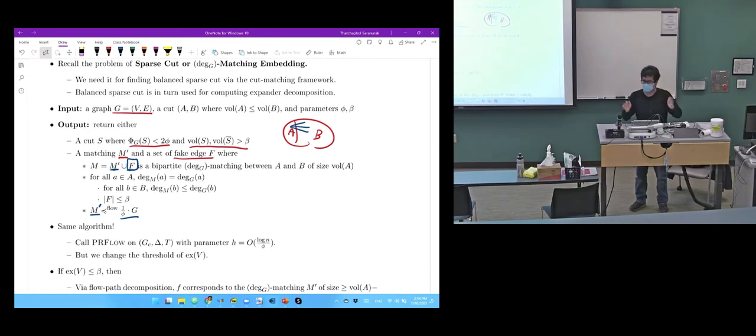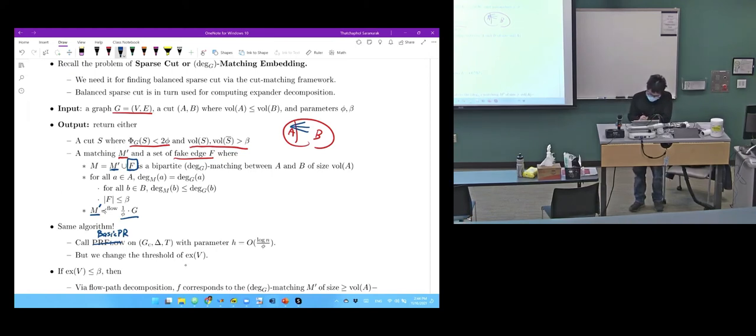And balanced sparse cut is very useful for expander decomposition and so on. Right? So this is why we want to solve this.